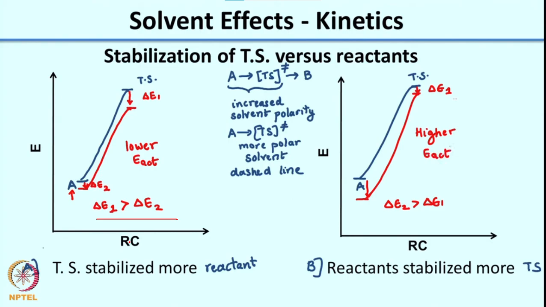Then next we have discussed the transition state stabilized more than the reactant, and in the second case the reactant more stabilized than the transition state. When the transition state is more stabilized than the reactant, the activation energy is lower and the reaction rate is higher. While in the other case, when the reactant is stabilized more than the transition state, the activation energy will become higher and the rate will become lower.